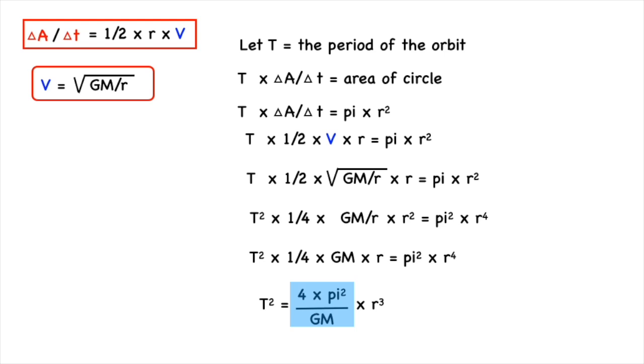Now the quantity 4 times pi squared divided by g times m is a constant. And so it is correct to say that t squared is proportional to r cubed, which is Kepler's third law. So Newton has succeeded in proving Kepler's third law, starting with Kepler's second law and his inverse square law for the universal law of gravitation.